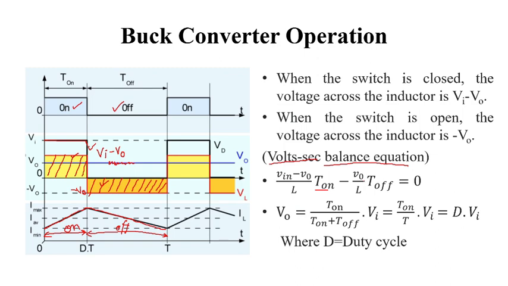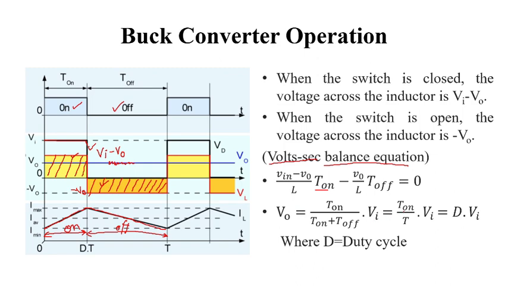This is our volt-second balance equation for the inductor. After rearranging, we get V naught is equal to T on upon (T on plus T off) into V in. V in means input voltage.